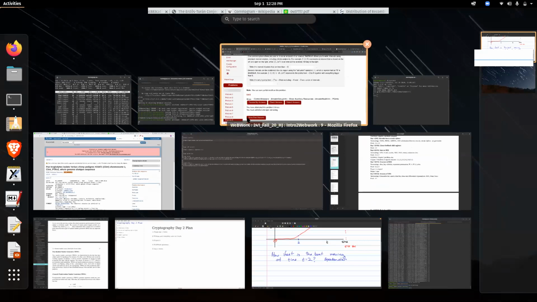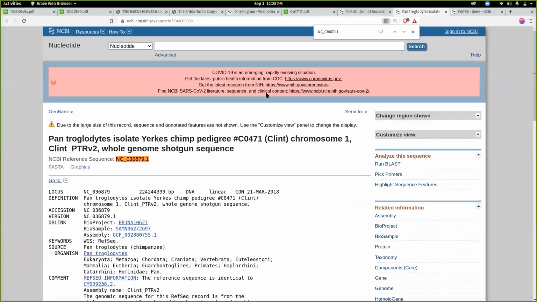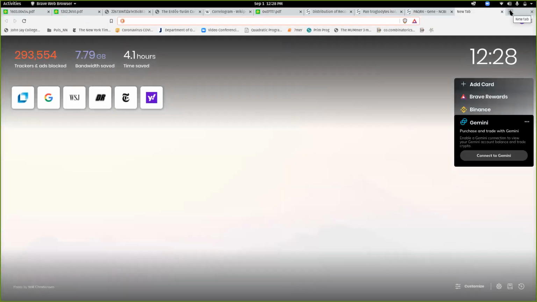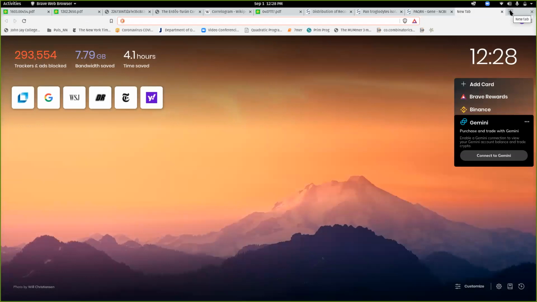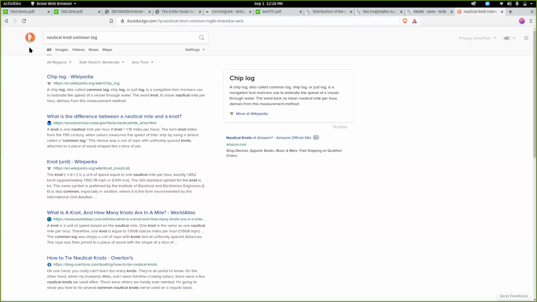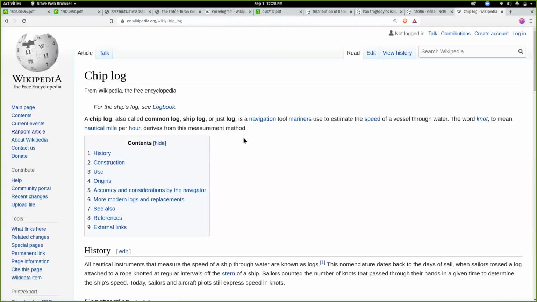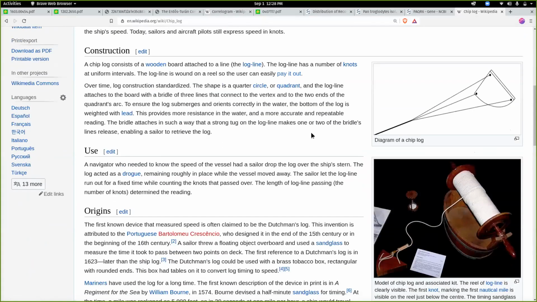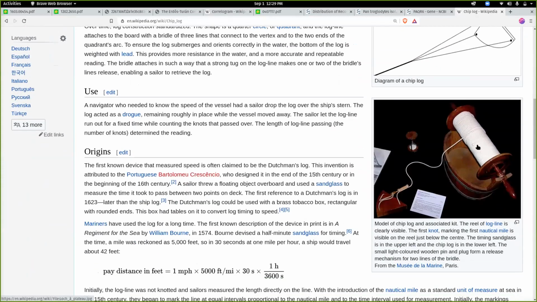So while you're thinking, I'm going to come over here and show you a picture. You can Google nautical knot common log. What you have here is some triangular thing that's designed to drag in the water, and then you have a spool of rope.